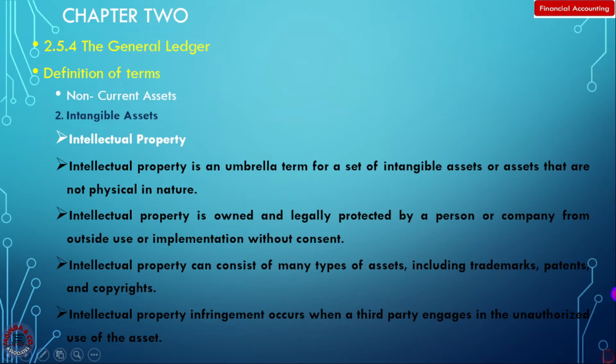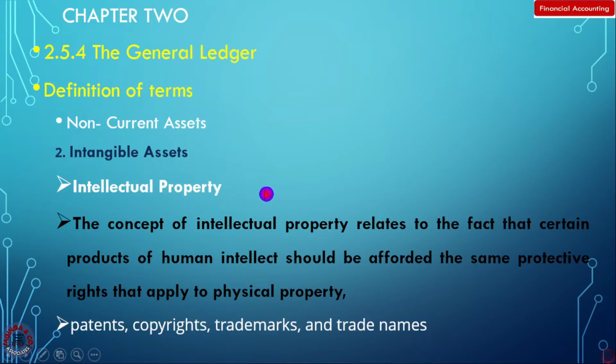So we are saying again that intellectual property, okay. The concept of intellectual property relates to the fact that certain products of human intellect should be afforded the same protective rights that apply to physical property.